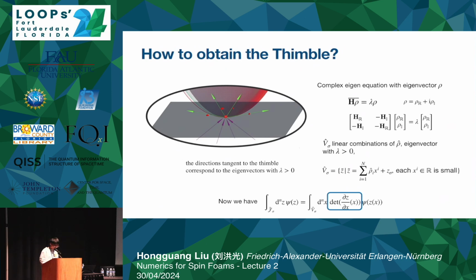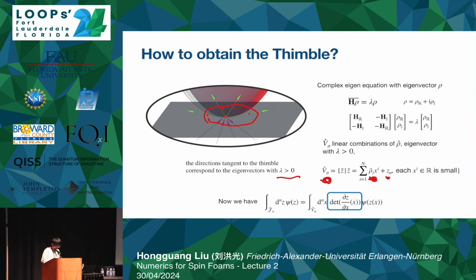So what we need to do is to find out these eigenvectors, called rho I, corresponding to the eigenvalues lambda larger than 0. That's the thing that generates a flow. And that gives you exactly the region I use to approximate my critical point.